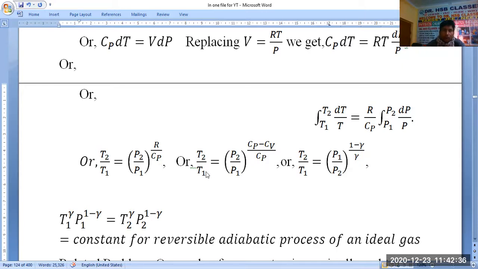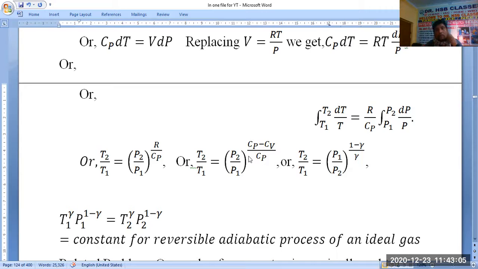Clear? So T2 by T1 equal to P2 by P1 whole to the power Cp minus Cv divided by Cp. Here Cp by Cv equal to gamma, Cp by Cp equal to 1, and Cv by Cp equal to 1 by gamma.